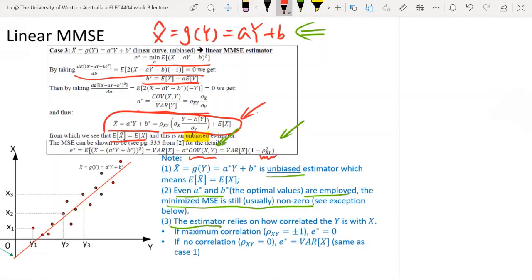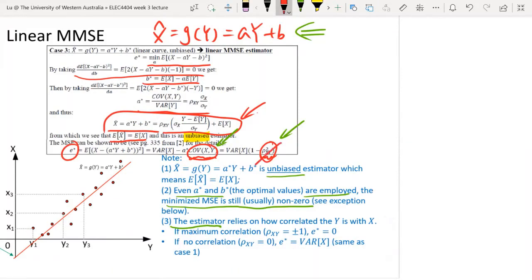These two things are used to evaluate the linear relationship between X and Y. So the value of the minimum mean square error E star depends on rho XY and the covariance of X and Y. If X and Y have no linear relationship, the covariance of X and Y and the correlation coefficient rho XY will be equal to 0.